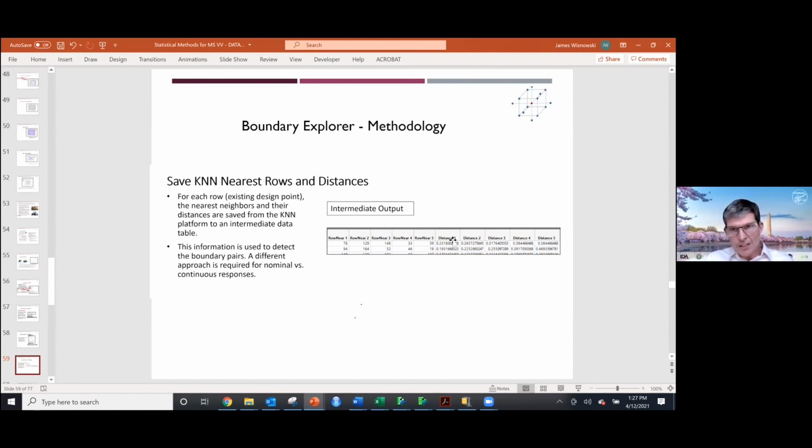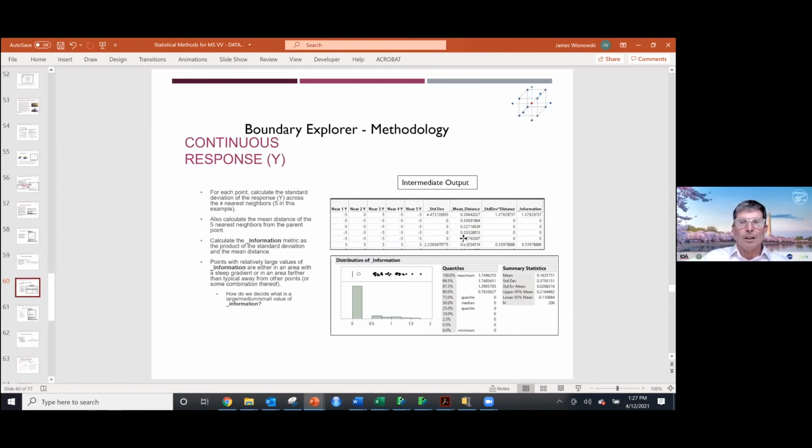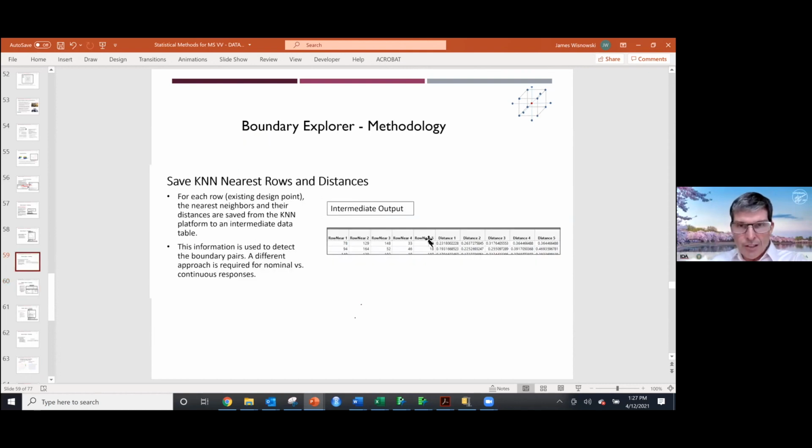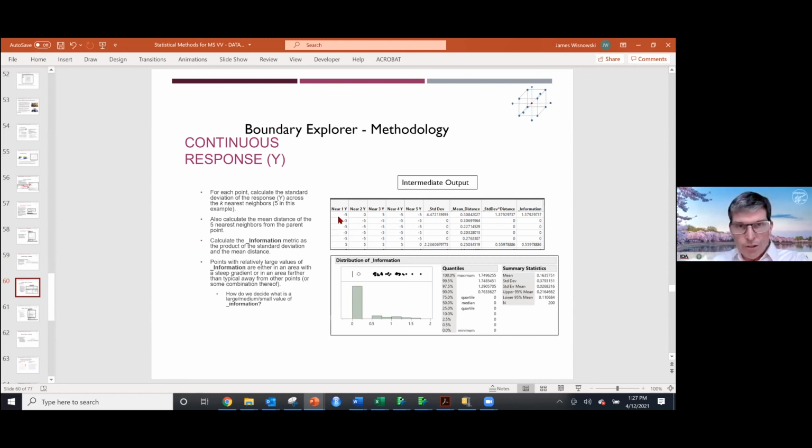Then I can see the distances to those rows. This ends up being enormously important because, given row 1 and the nearest neighbor I've got is 78, I go to row 78 and ask, what's your response? It's -5. Then I go to all the other neighbors and look at their responses, and I recognize that I've got an average distance and an average standard deviation.